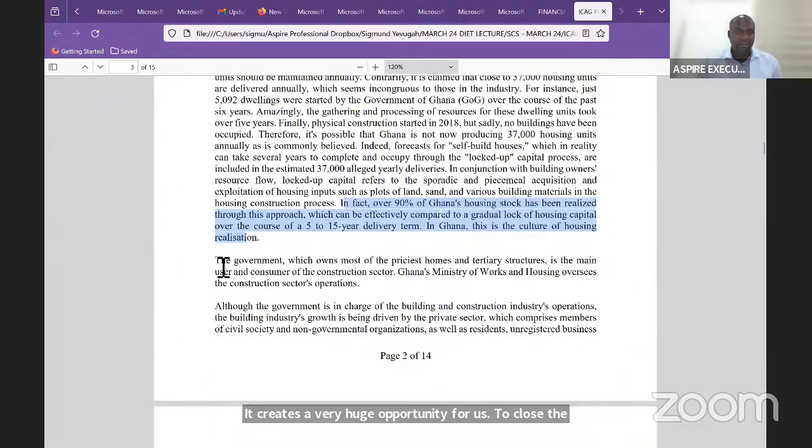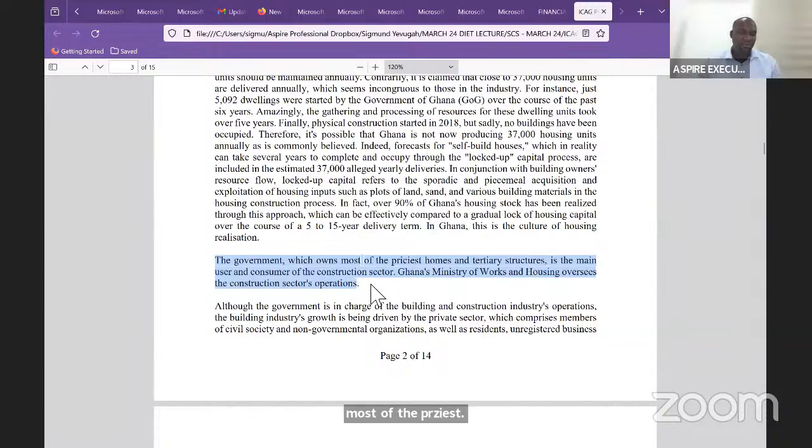Exactly. The government, which owns most of the priciest homes and tertiary institutions, is the main consumer of the construction sector. The Ghana Ministry of Works and Housing oversees the sector.